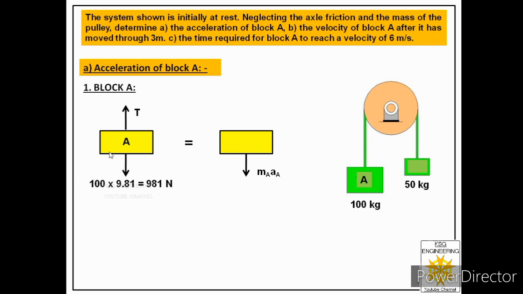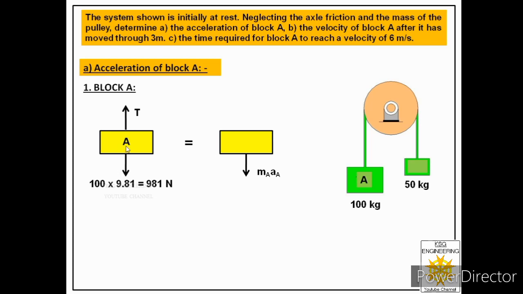Now we can say that for this system of forces, summation F is equal to ma. There are no forces acting in the free body in x direction, so only one equation is applicable for this block, that is summation Fy is equal to ma.